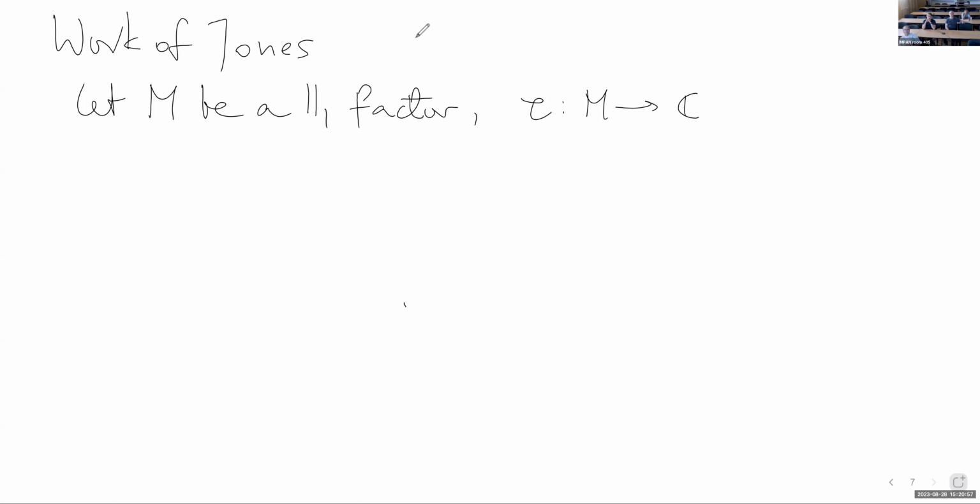I don't think this will really matter for what I'm going to say, but that's a quick definition of a II_1 factor. And of course the trace has to have tracial properties.